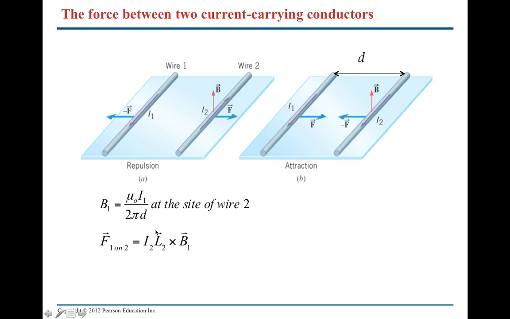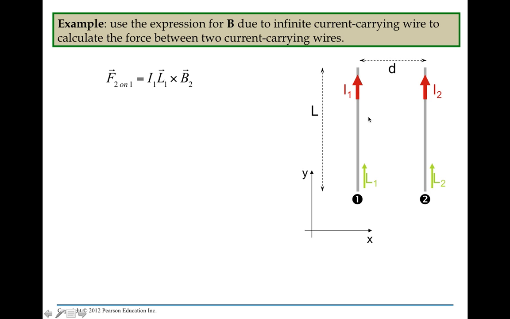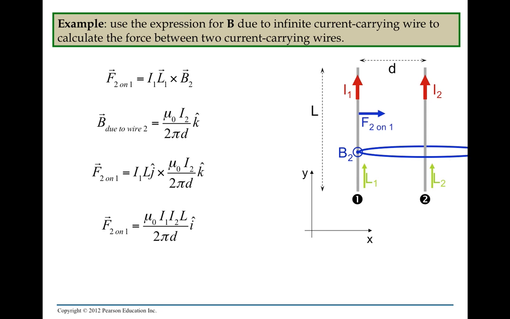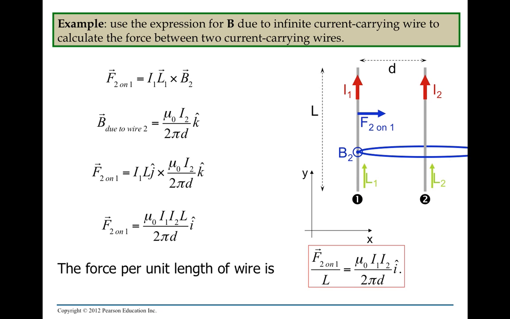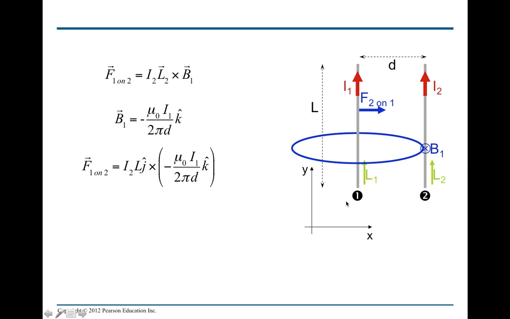So the way to do that is, for example, if I want the force on 2, then it will be I2 L2 multiplied by the magnetic field produced by 1 on 2. We've done this in class very well, and I'm sure you can follow that here, and I don't want to spend a lot of time on this, but the conclusion is the following.